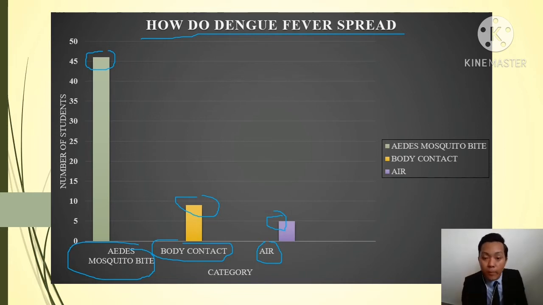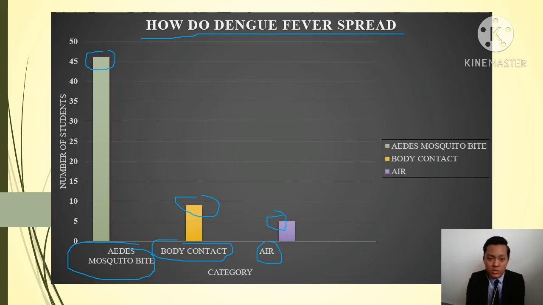And the third comparison is air versus Aedes mosquito. The number of students who voted for air was dramatically lower than those who voted for Aedes mosquito bite. It can be clearly seen that 5 students chose air and 46 students chose Aedes mosquito bite.